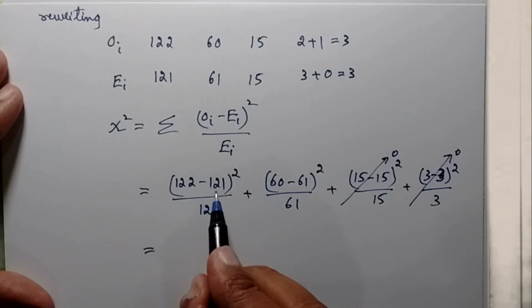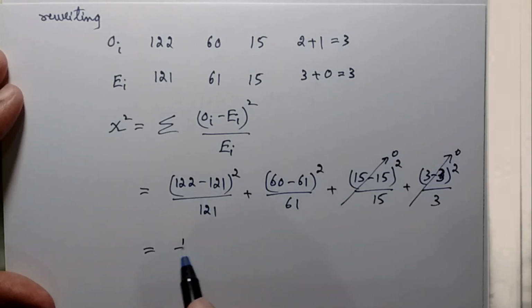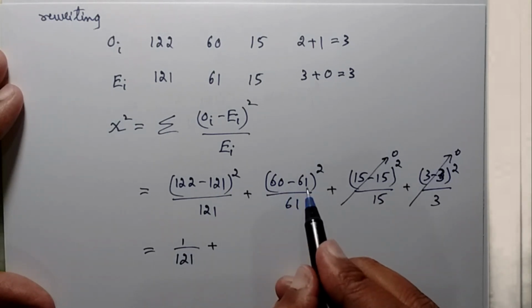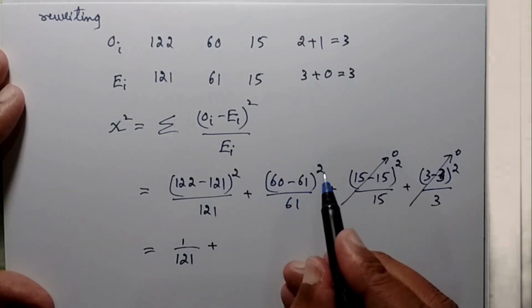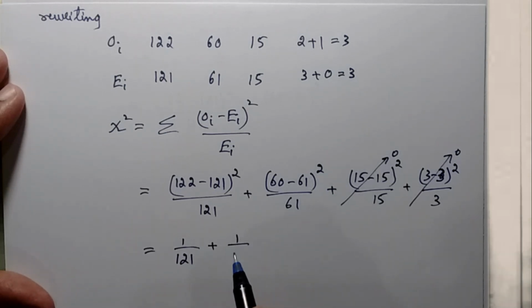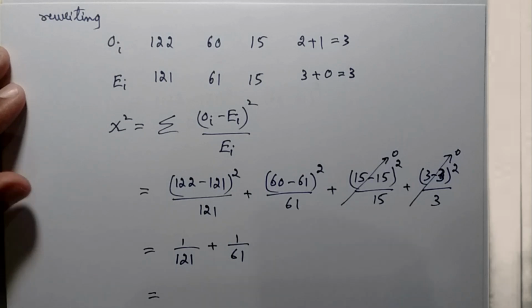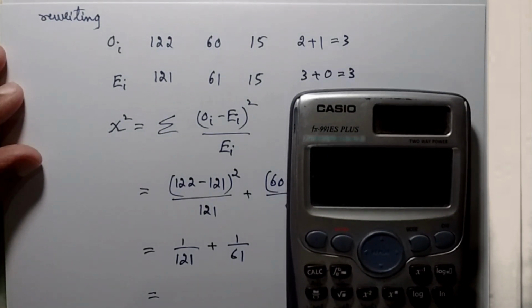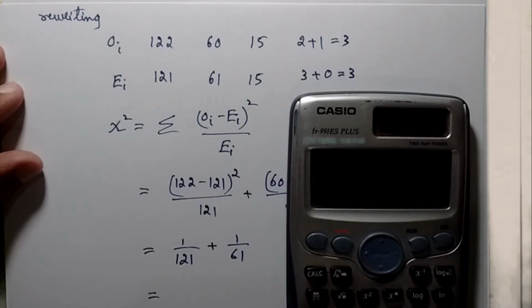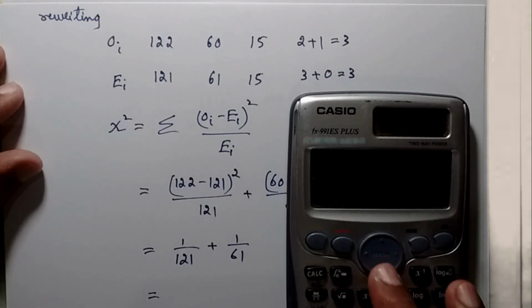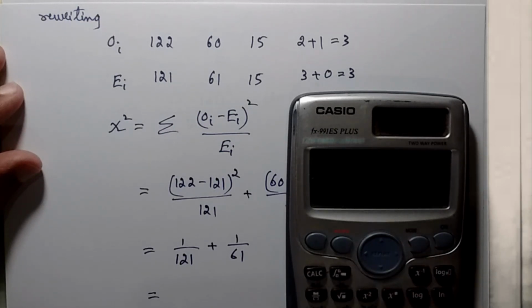You just have to simplify the remaining two values. 122 minus 121 is 1, and 1 square is 1, so 1 by 121, plus 60 minus 61 is minus 1, and minus 1 whole square is plus 1, so 1 by 61. These two other values are 0, you can ignore them. Just use the calculator and simplify this result.